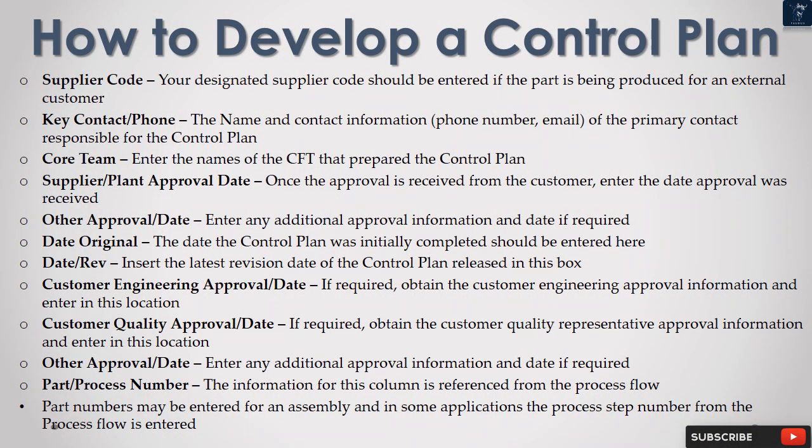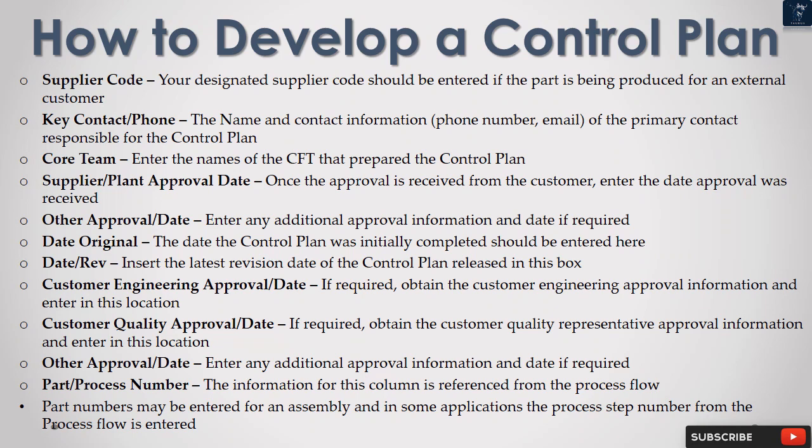Your designated supplier code should be entered if the part is being produced for an external customer. Key contact / phone. The name and contact information, phone number, email, of the primary contact responsible for the control plan. Core team. Enter the names of the CFT that prepared the control plan.